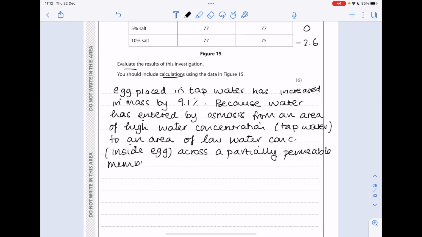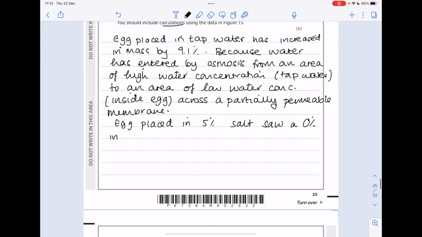Now more calculations. Egg placed in 5% salt saw a 0% increase in mass. Why? The solution must have been isotonic, which means it had the same concentration of water.